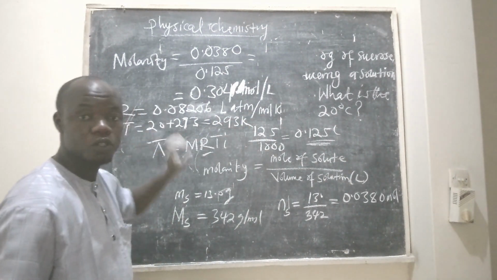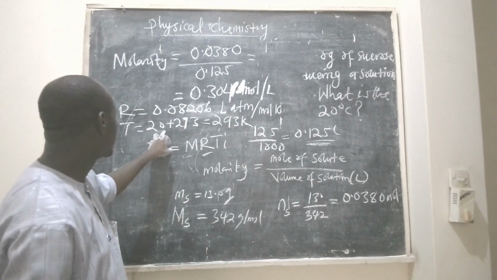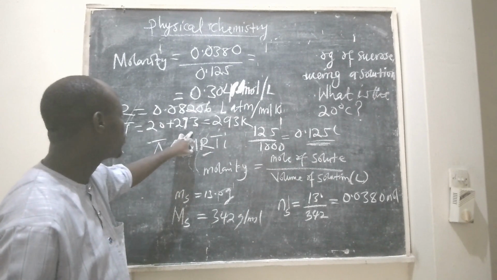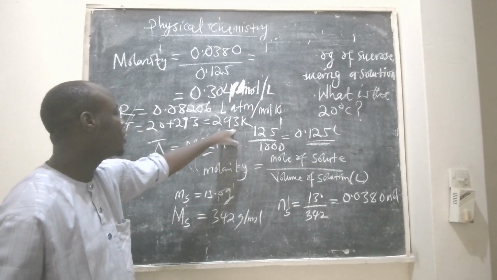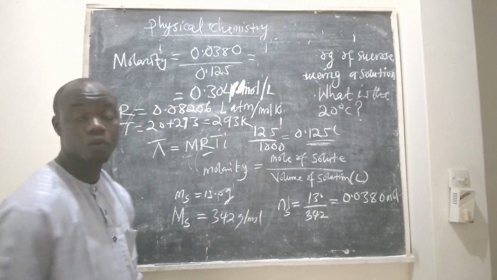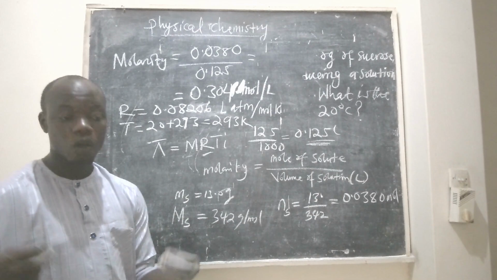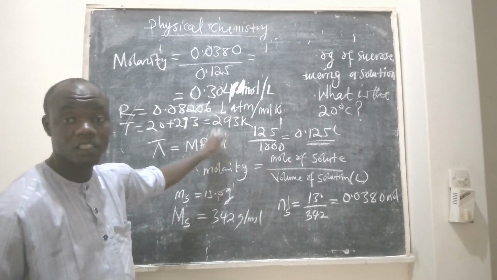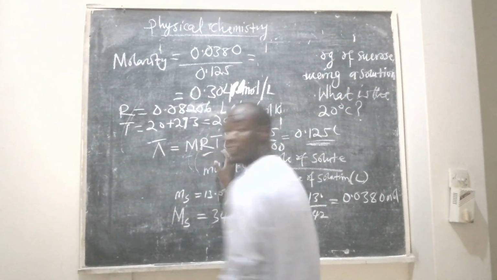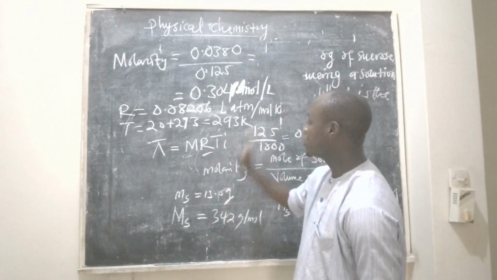And from the question, of course, we have a temperature of 20 degrees. So 20 degrees, we convert it to Kelvin by adding 273. So we have 293 Kelvin. And of course, our solute here is sucrose. So sucrose is non-electrolyte, so our van 't Hoff constant is 1.